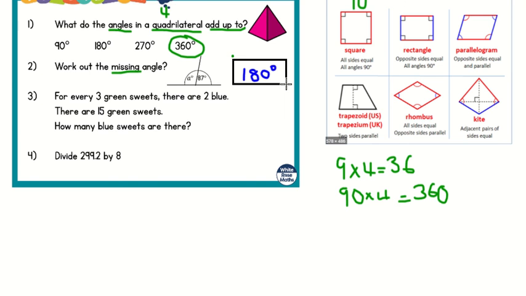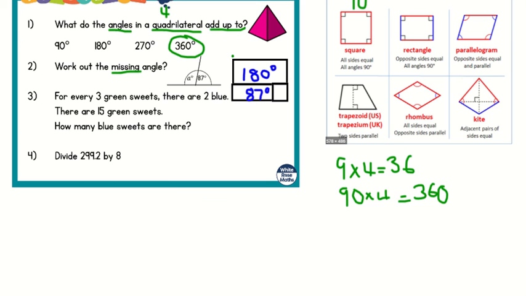If I was going to do a bar method, that would be my total at the top. I know one angle is 87 degrees. And then the missing angle A, I don't know what that is.